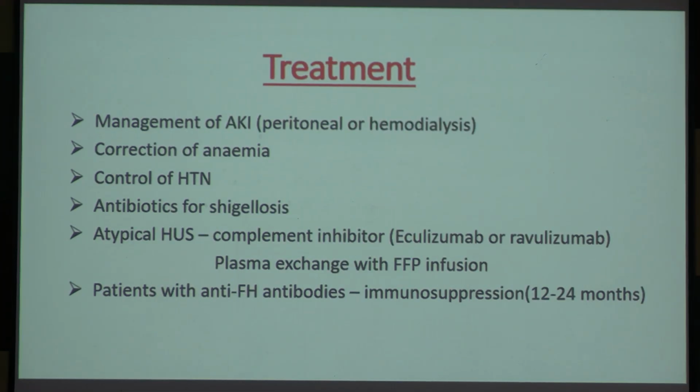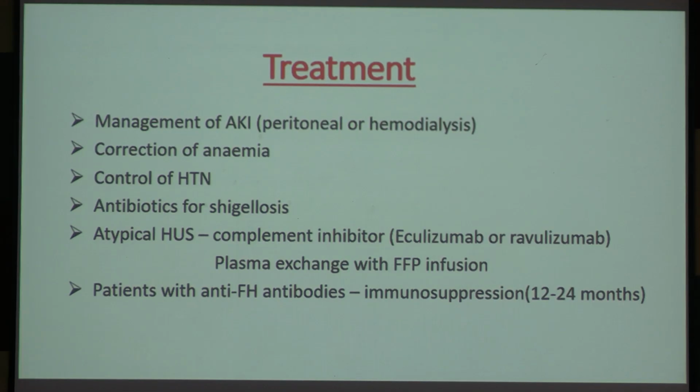How to treat? Management of renal injury. In severe renal injury, we have to give dialysis support, either peritoneal dialysis or hemodialysis. Then correction of anemia, blood transfusion in severe anemia, then control of hypertension, antibiotics for shigellosis.